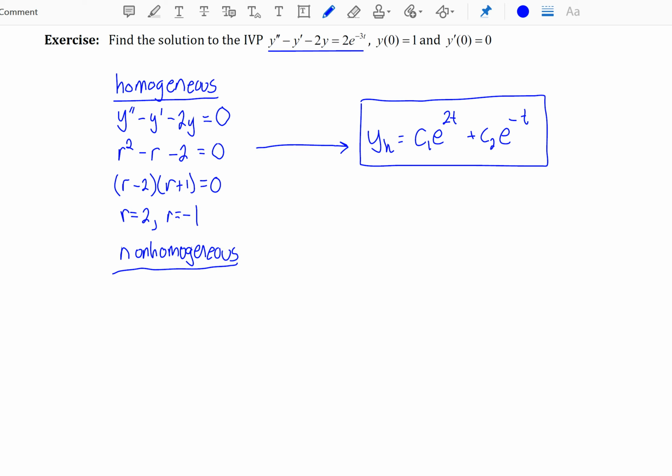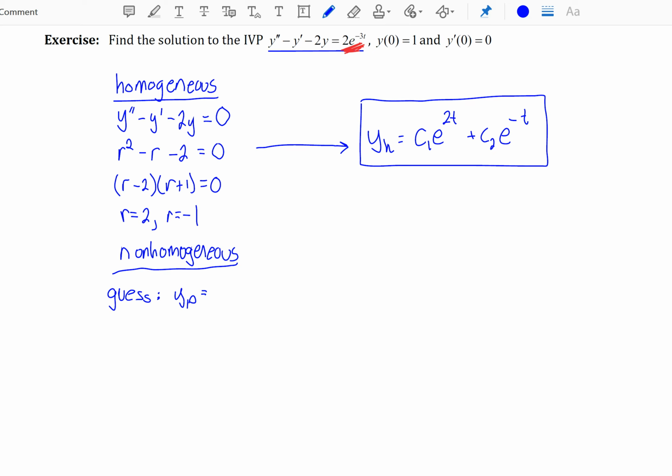For our non-homogeneous solution, again, we want to look at the form of our forcing function. So notice that our forcing function is an exponential function. So if you look at our table, it says that if we have an exponential forcing function, then our guess for yp is still going to be an exponential function, but it'll have an unknown coefficient.